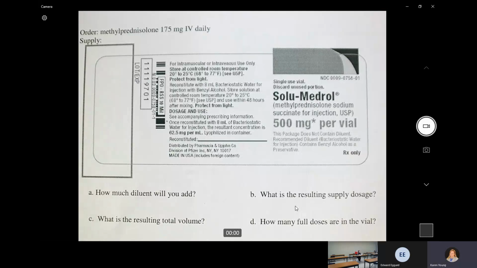So I've got methylprednisolone, 175 milligrams IV, and it's daily. So how much diluent will I add? Do I need to zoom it back in to see the diluent?